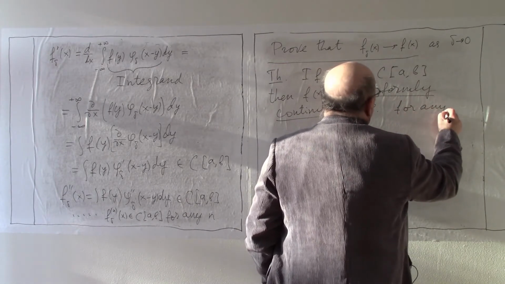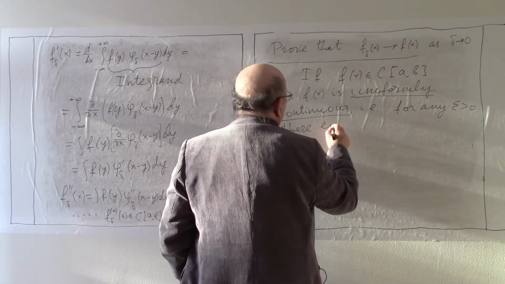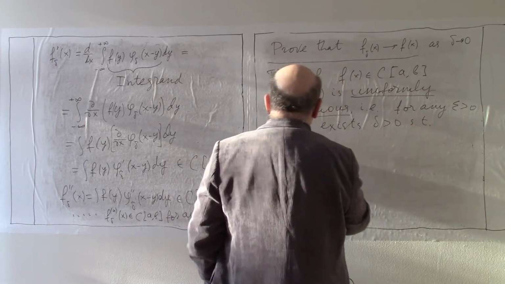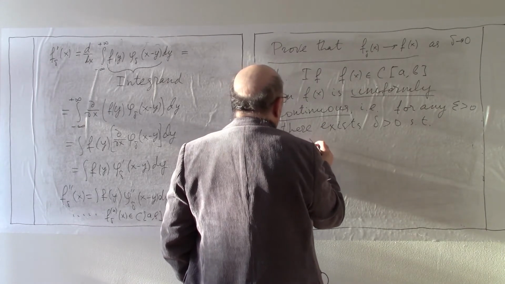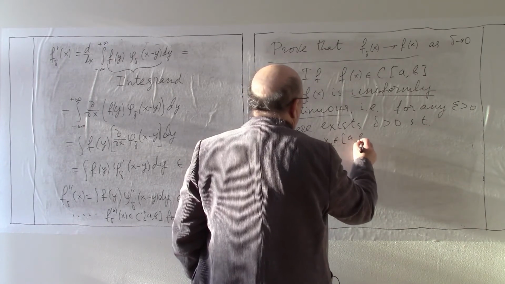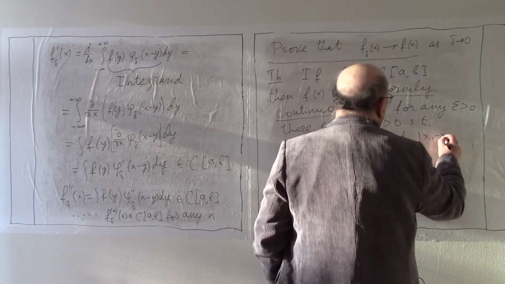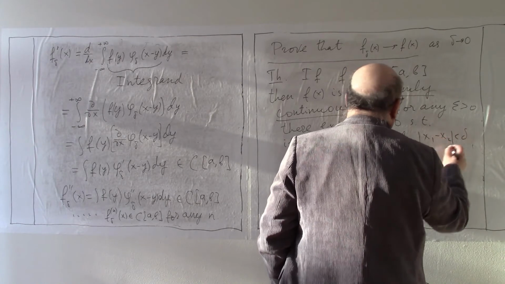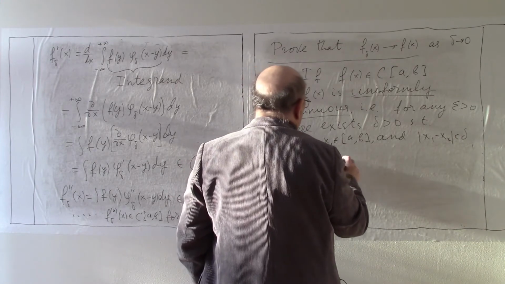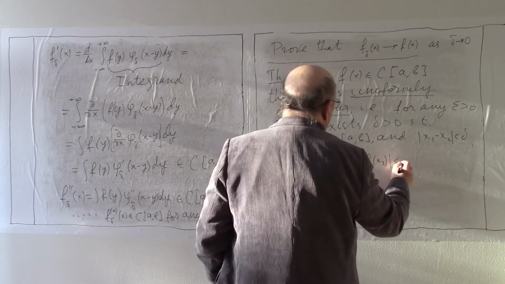For any epsilon, there exists delta such that if x1 and x2 are points on AB, and modulus x1 minus x2 less than delta, then modulus f of x1 minus f of x2 less than epsilon.